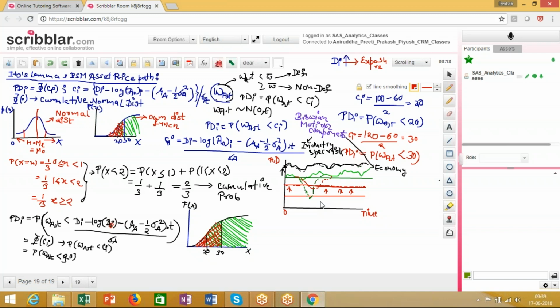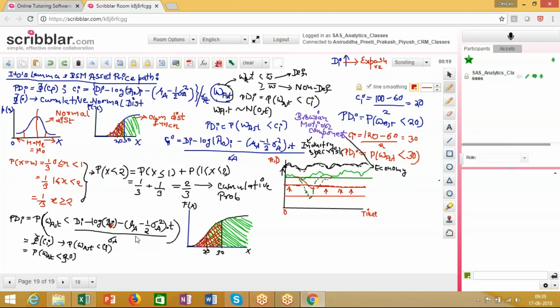The impact of duration. Now, the impact of the duration of a loan is quite ambiguous. It depends on the sign that this term would have. Ideally, if the mean growth rate, it's sigma square a by 2.